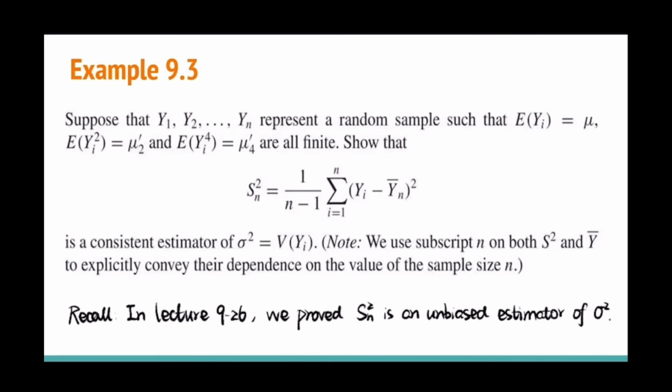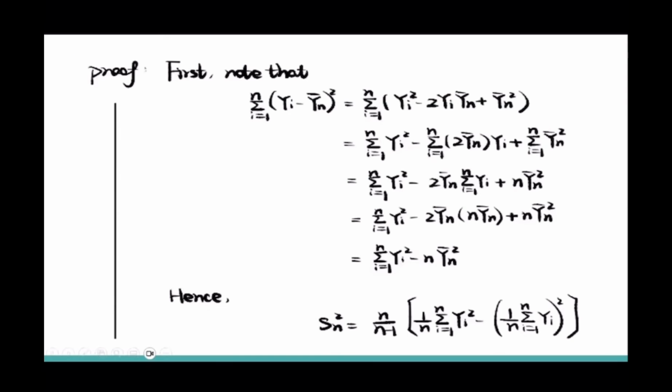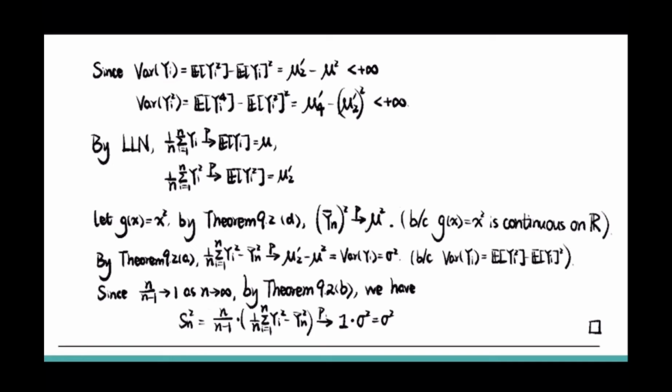Okay, I'm going to move on right now. We also have another one. I think I've shown you all this before, but I'm going to talk about this now, because in the process of investigating the consistency of the sample variance, we also need to take into consideration the formula for the variance of a random variable y, which is this, and of course the expected value of y squared.